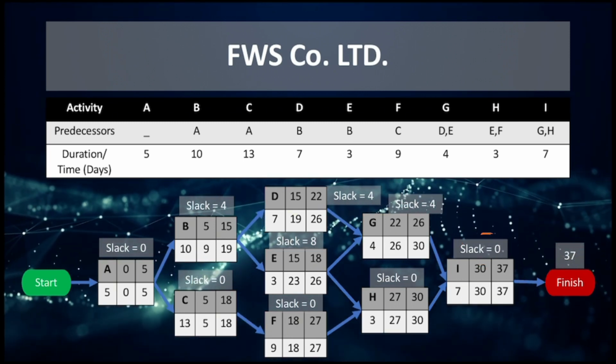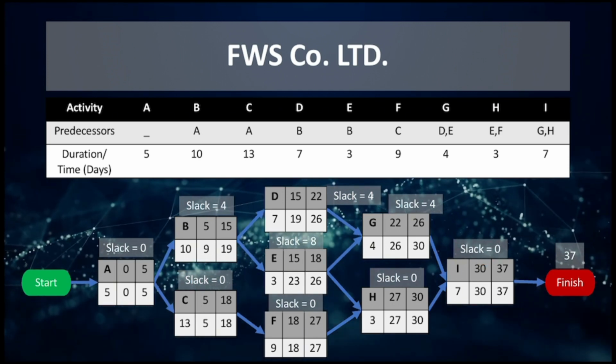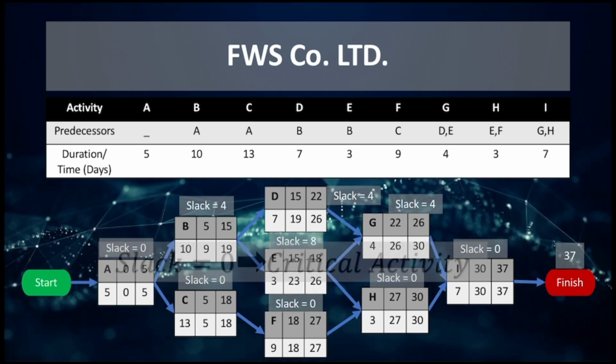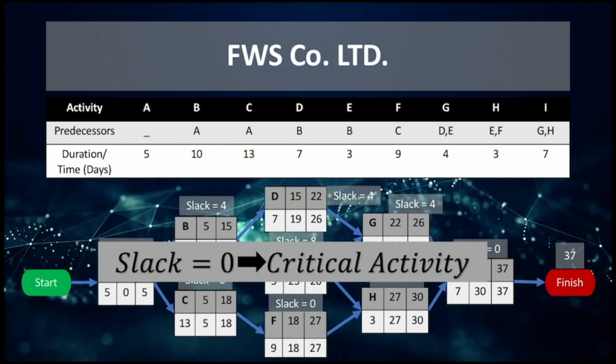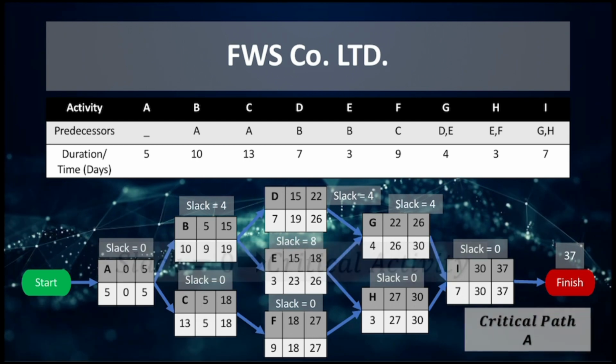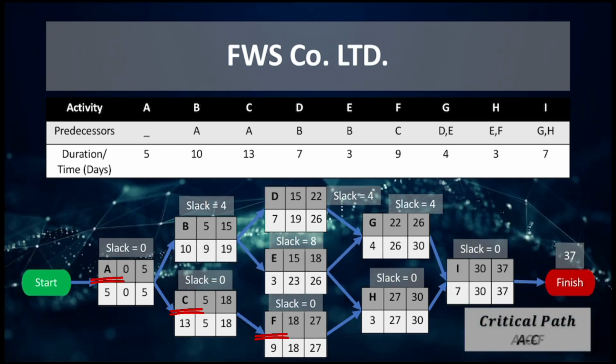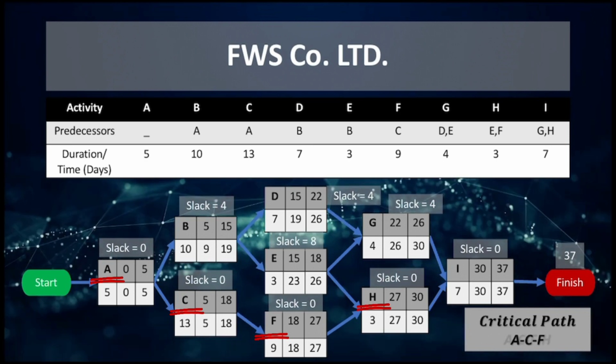So the slack for I would be 0. A slack equal to 0 means a critical activity. So the critical path is A, C, F, H, and I.